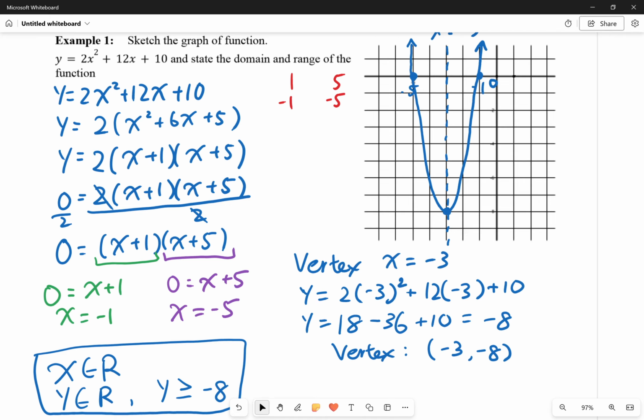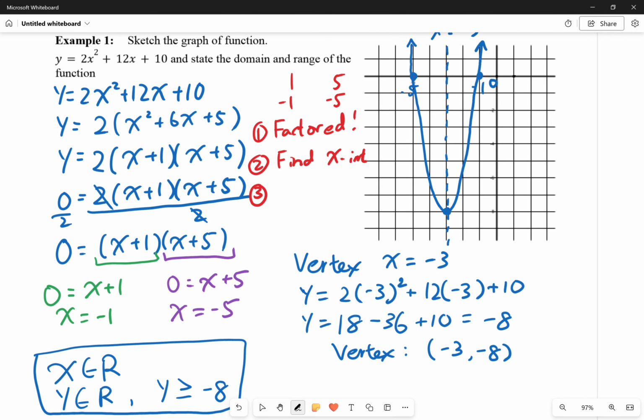So let's look at the steps here. Just going to label the steps. Step 1, we factor this stuff. Step 2 is over here, this section, where we took our factored version and found our x-intercepts. Step number 3, I use my 2 x-intercepts to go find my vertex through the axis of symmetry.